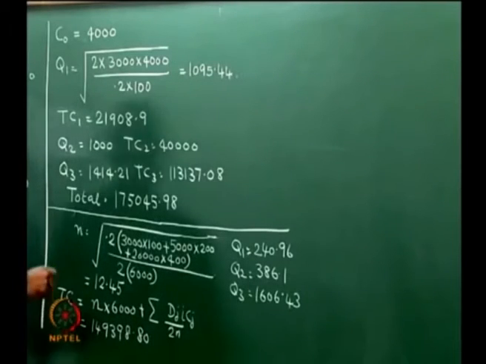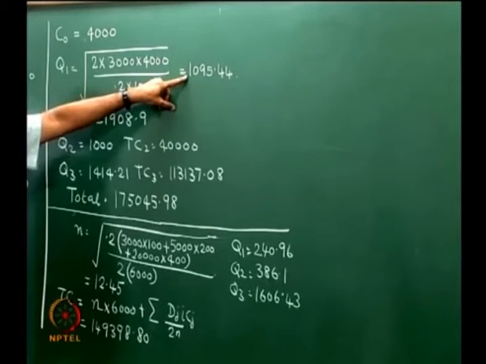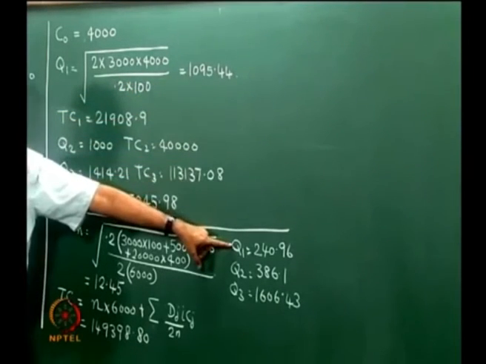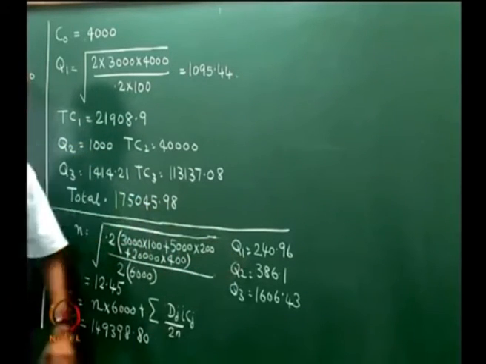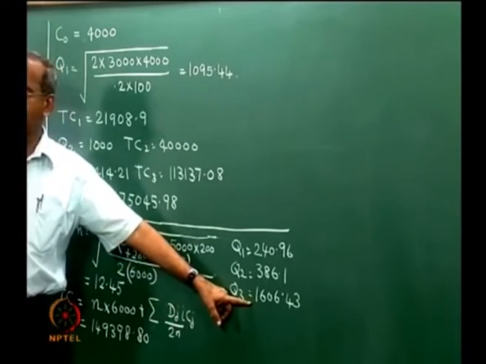Now, if we compare the order quantities in the unconstrained system, this was 1095 and that has come down to 240.96. 1000 has come down to 386.1 and 1414 has actually gone up to 1606.